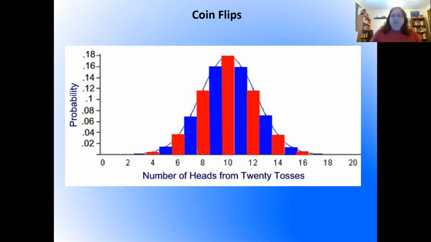We're not going to talk a lot more about that today, but it will come back around. It's very interesting that even when we're dealing with something like flipping coins, we can wind up with a bell-shaped curve when we look at the probabilities. But for now, I just want you to notice it.